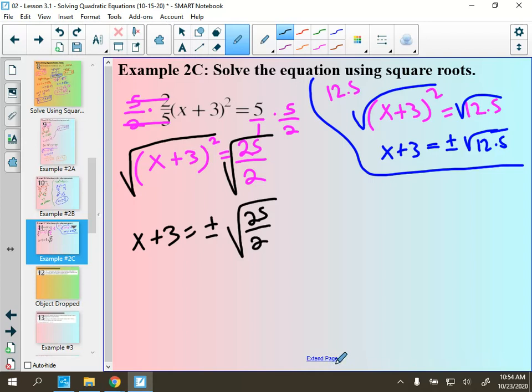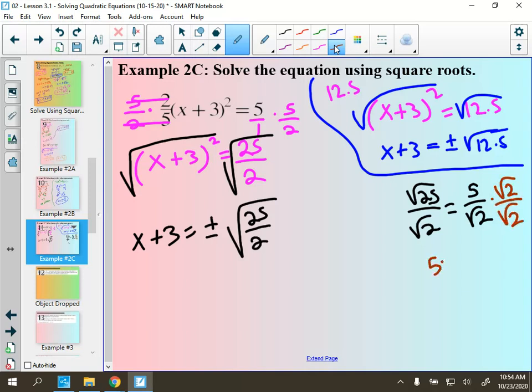Now let's fix this 25 over 2 underneath this giant radical. The first thing we would do is split it. I'm just working over here to separate my work a little bit. I get 5 over the square root of 2, so that was a nice numerator for us. I still have that radical downstairs that I have to fix. We can't leave it like that. I'd multiply both my top and bottom by the square root of 2. Top we smash together. Bottom we know what's going to happen.